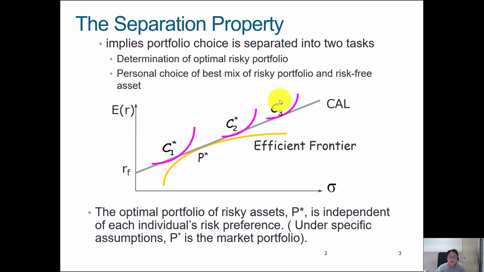So what happens is that you have a personal choice of the best mix of the risky portfolio and the risk-free asset. The risky portfolio is the efficient frontier, basically the most efficient risky portfolio. And the risk-free rate is the rate of return we get from investing in really safe assets like treasury bills or cash deposits.